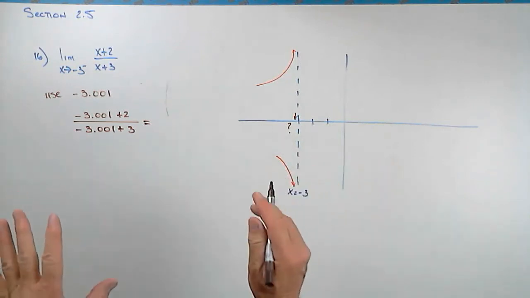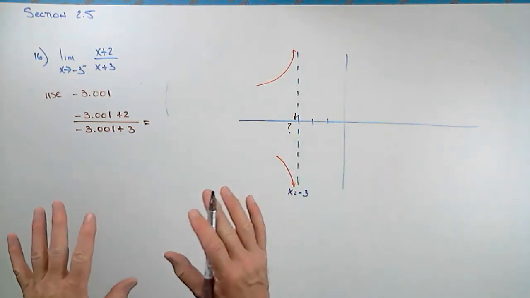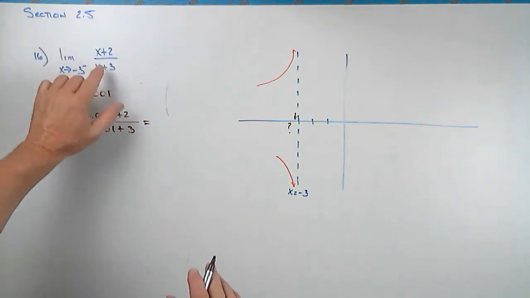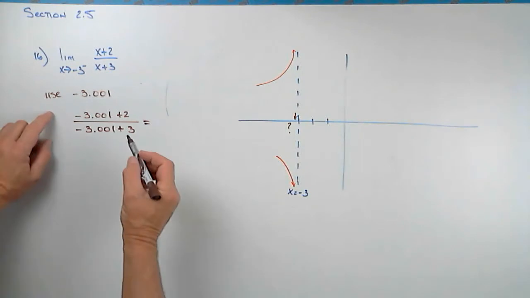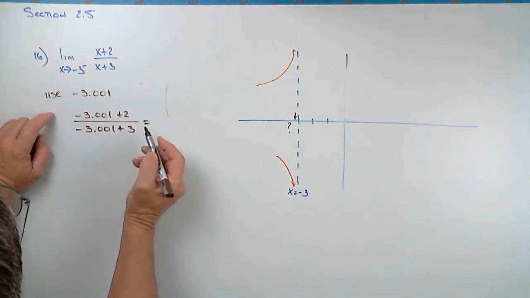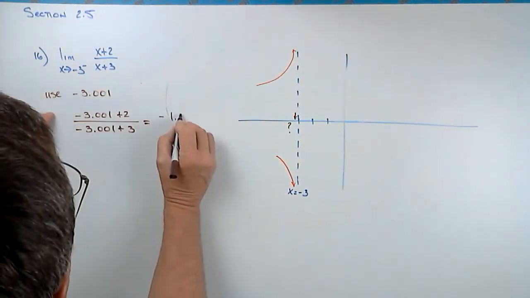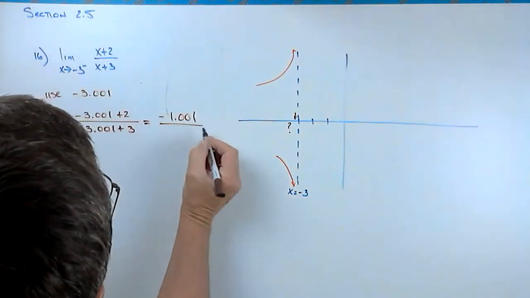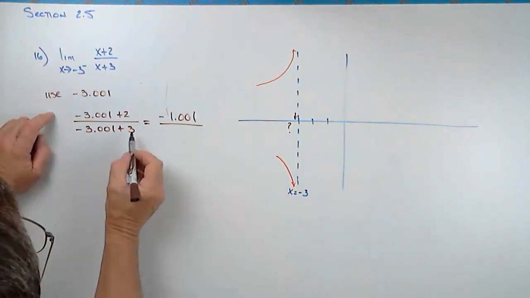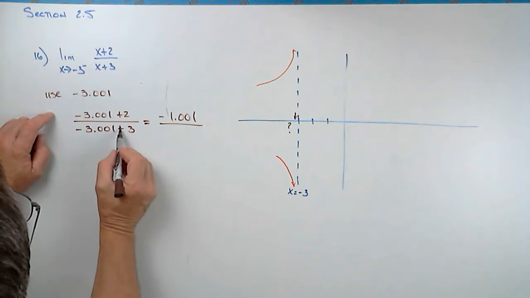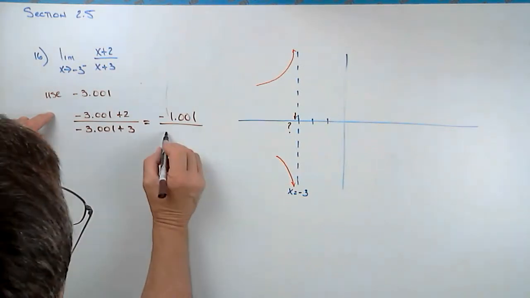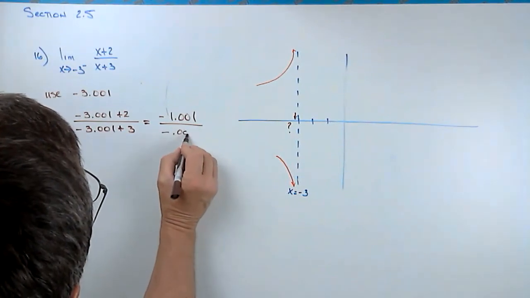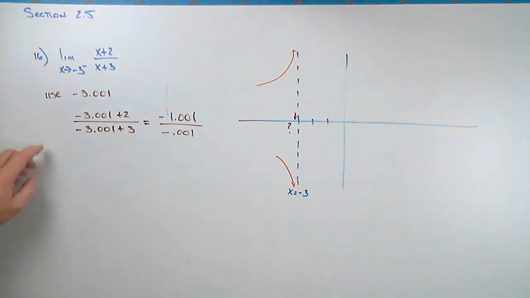We can simplify this to its most basic approach if we understand that this function has a vertical asymptote of -3. Now, when we take -3.001 plus 2, we're going to get -1.001. We get a negative number on the top. When we take -3.001 plus 3, we're going to get -0.001 on the bottom.